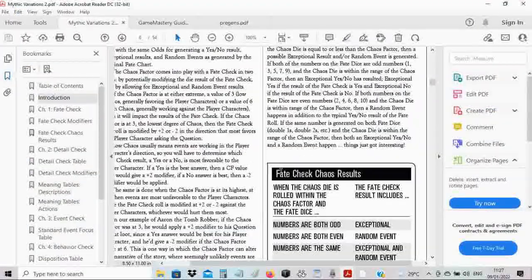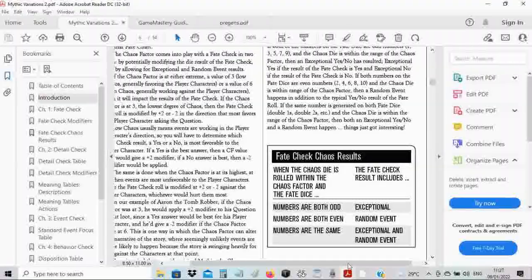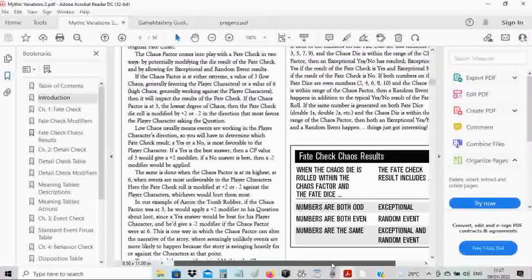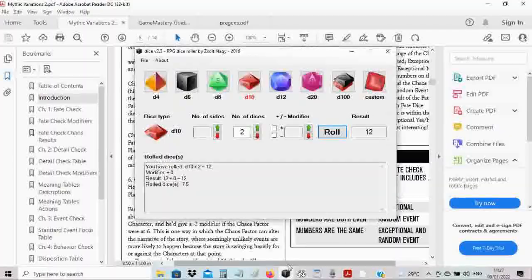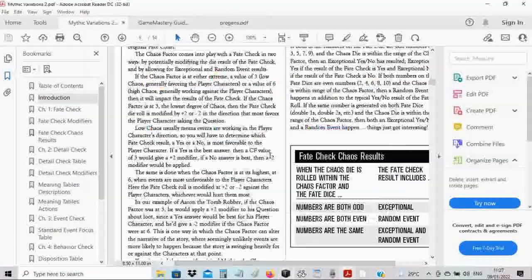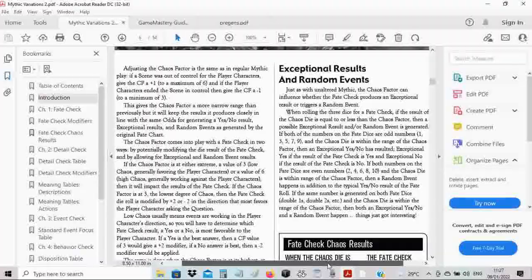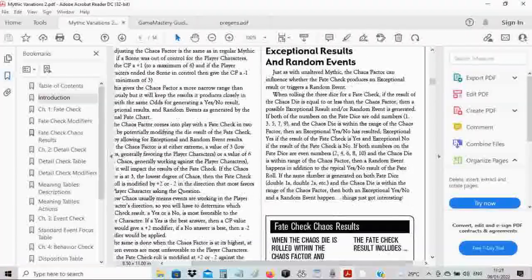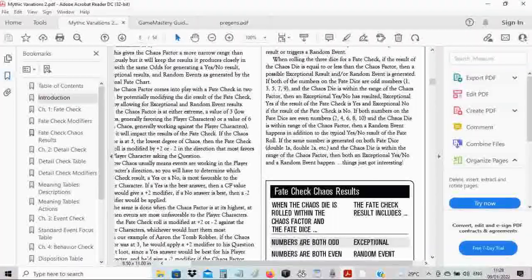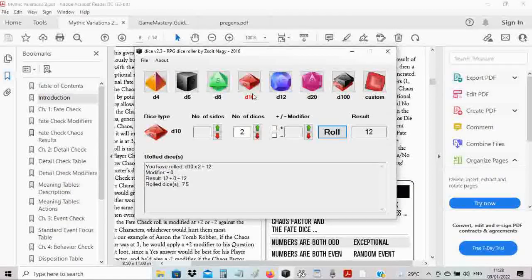Then we'll roll chaos dice. This kind of changes how the game is played. So let's roll our chaos dice.